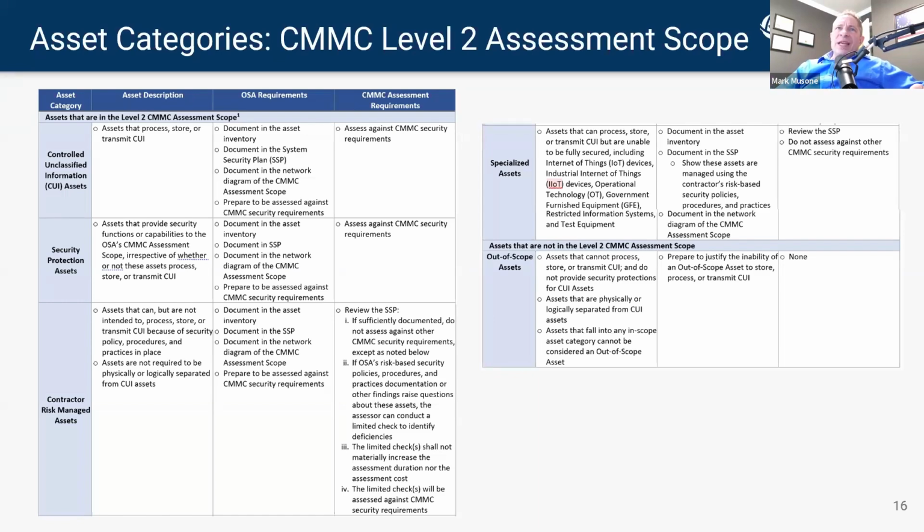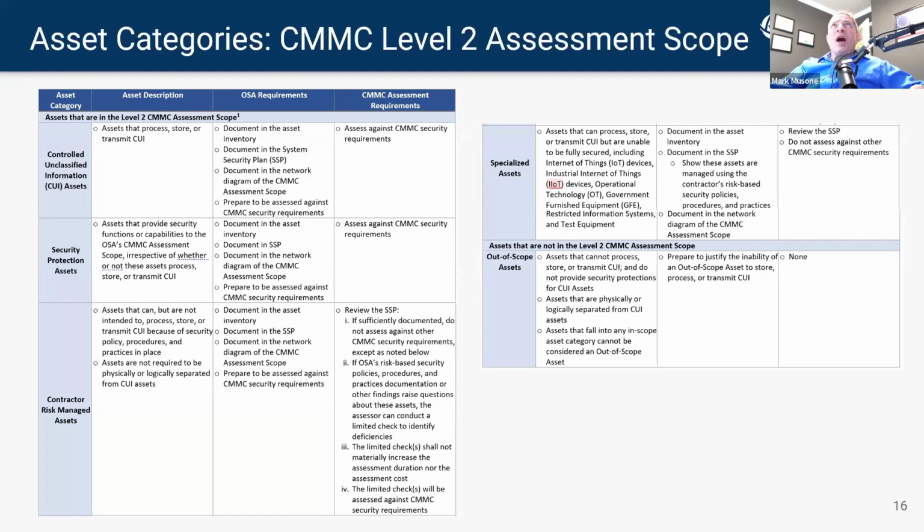One of them, for example, is security protection assets. I mentioned the assessment requirements: they're assessed against the CMMC security requirements. Before the final rule, it basically said that it's going to be assessed against all 110 security requirements. The final rule actually changed one word, and it says assess against relevant CMMC security requirements.